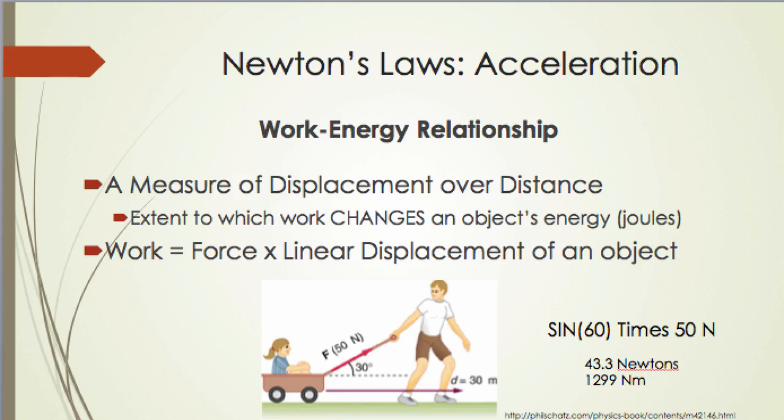What if we lengthened the handle by 2 times? Would the newton meters here change? No, it would not, because we already know it takes 43.3 newtons to pull it, times 30 meters is 1,299. That's not going to change.